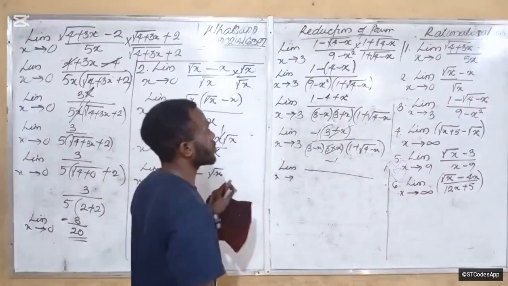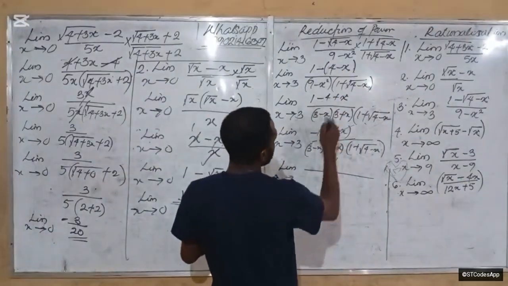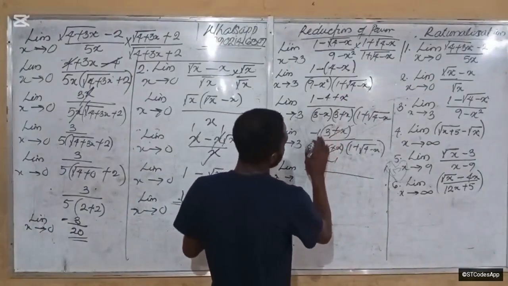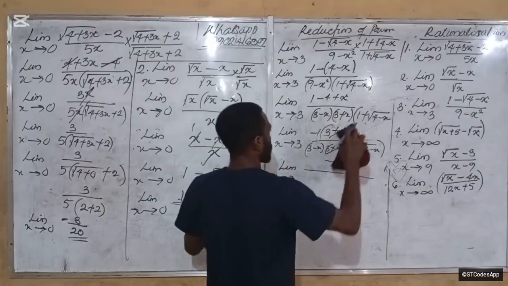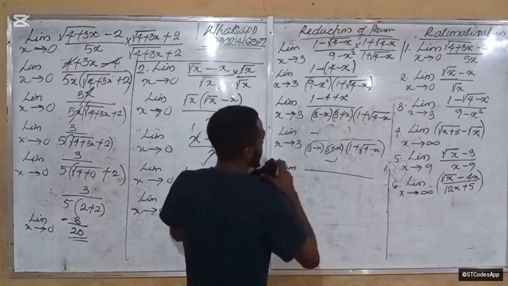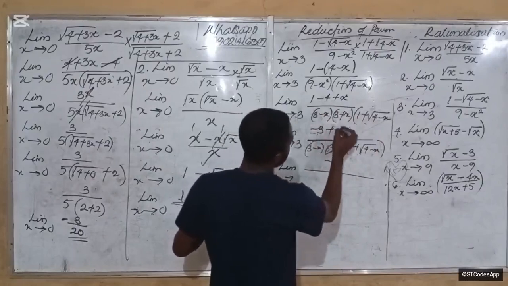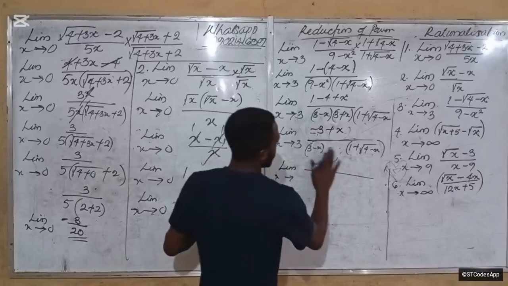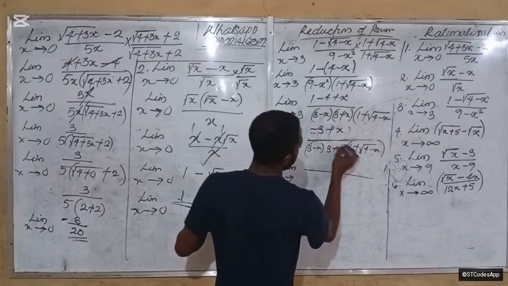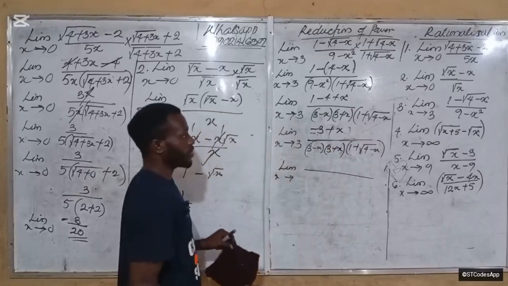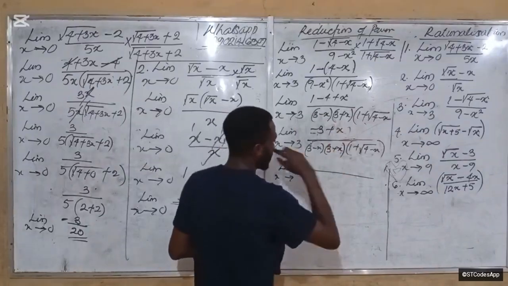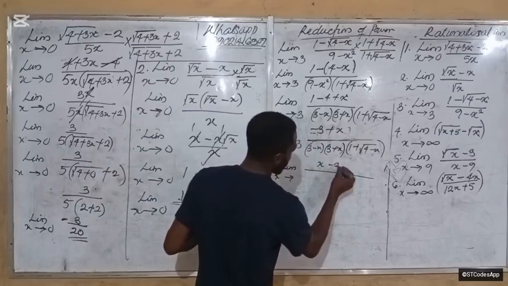Does that make sense? So that you have minus 3 plus x at the top, and that's the numerator. So you have 3 plus x here still. So by the time you rearrange this, you're going to have x minus 3.